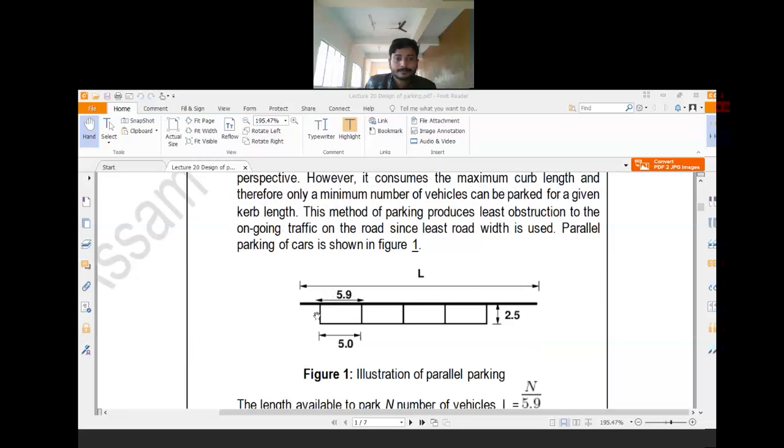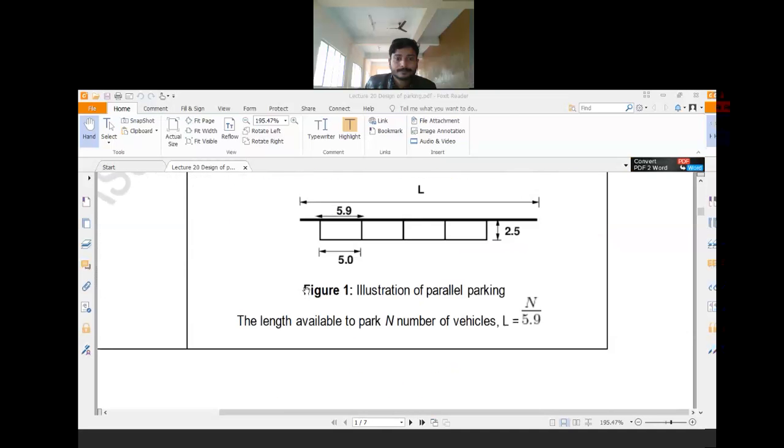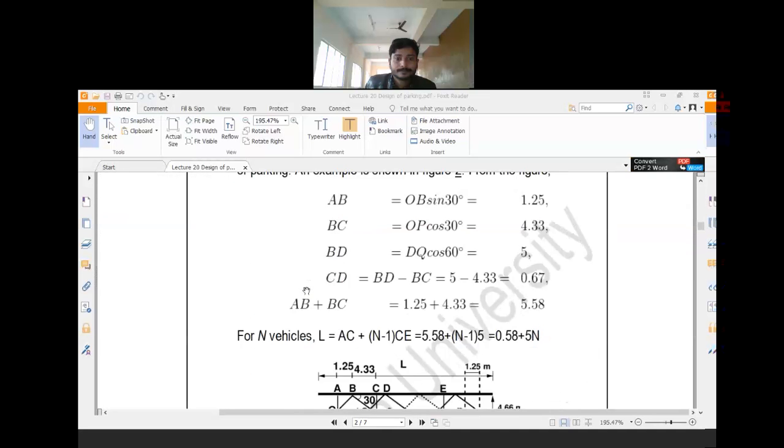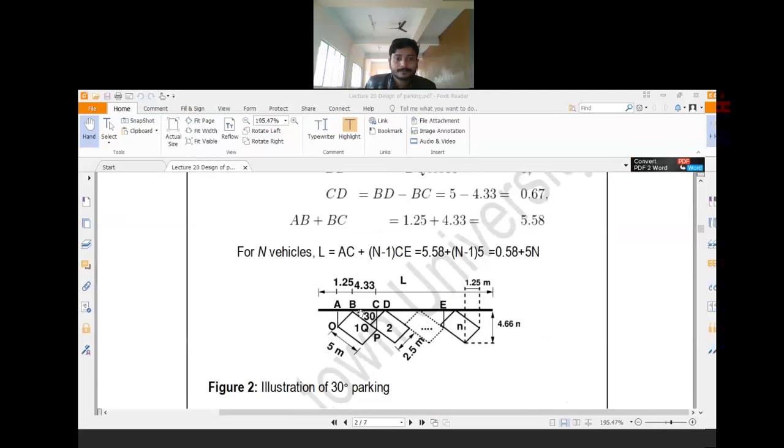Now this parallel parking is one of the safest types of parking because you can easily unpark from this portion. But the length required for parallel parking is more than for angle parking. Now, angle parking means you are parking your vehicle making some angle.